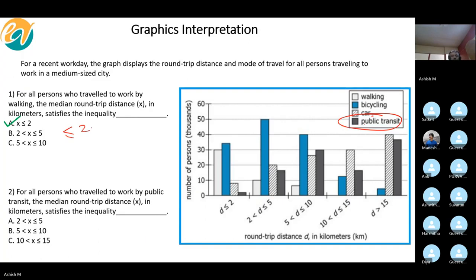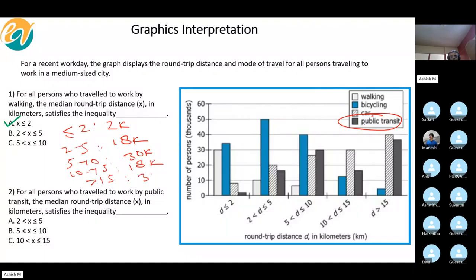Approximately 2000, correct? 2K, all right, between 2 and 5, 18K, 5 and 10 would be 30K, 10 and 15 would be 18K, and greater than 15 would be 37, let's say 37K.